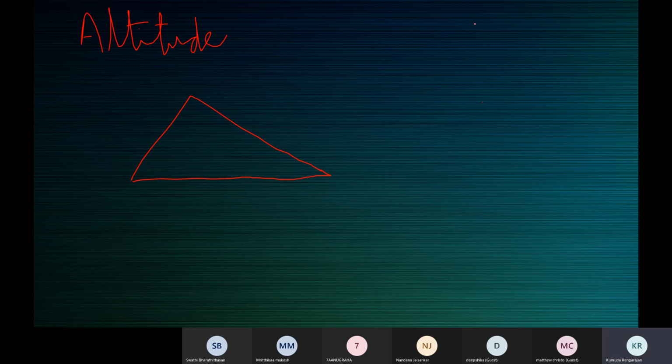If in a triangle all the three angles are acute, ma'am, acute angled triangle.